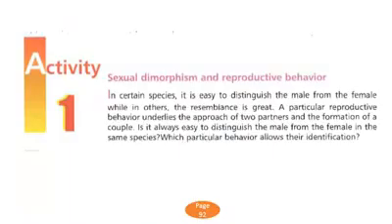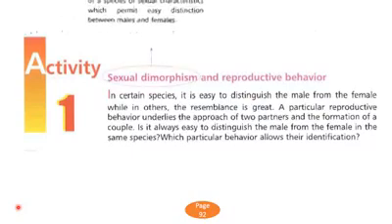Okay, let's start with activity 1, which is in page 92 in your book. Activity 1 is sexual dimorphism and reproductive behavior. So we're going to learn about two things in reproduction in animals in this activity, which are sexual dimorphism and reproductive behavior. What do I mean by sexual dimorphism?